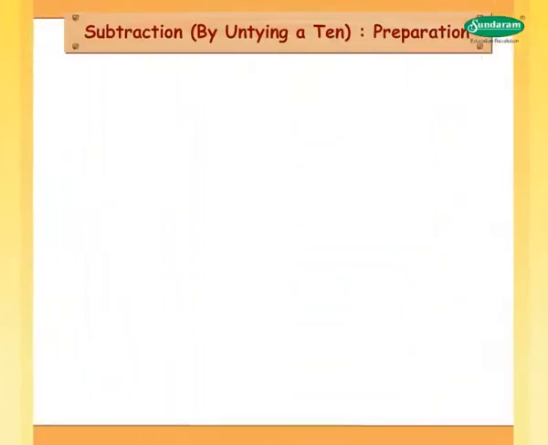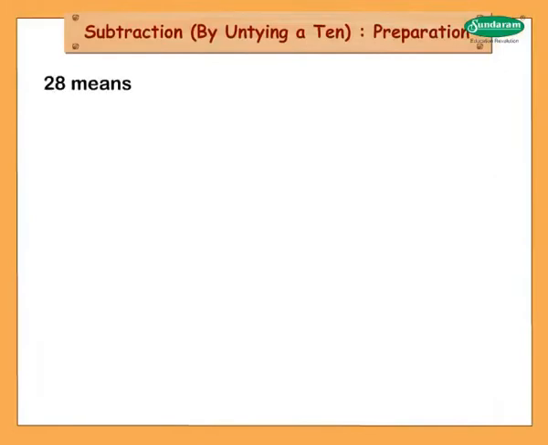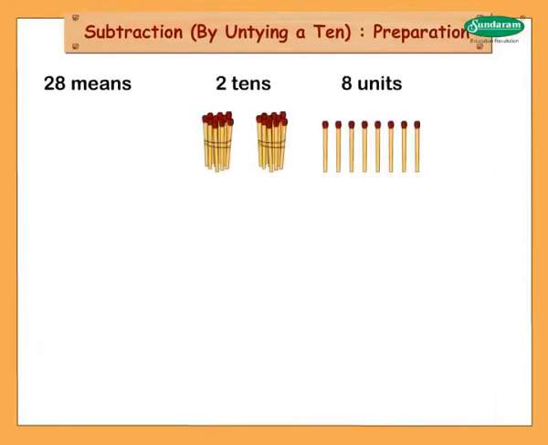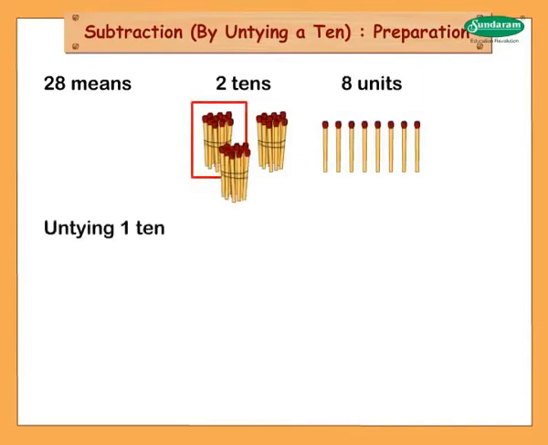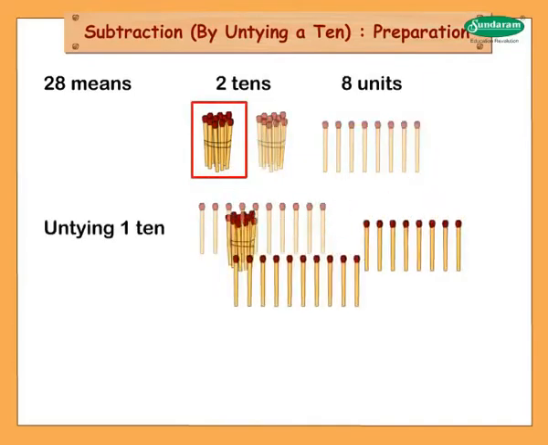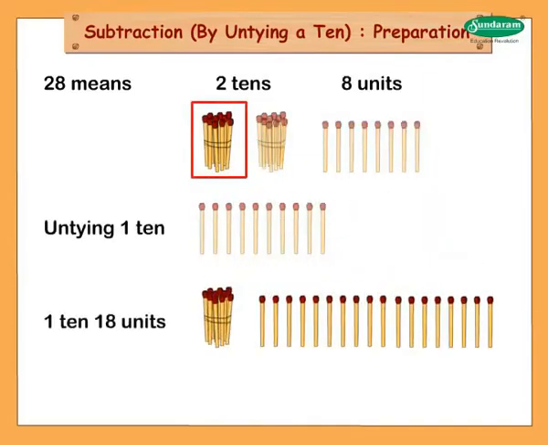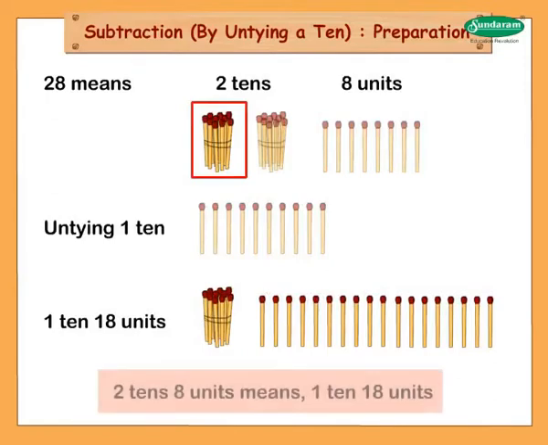Subtraction by untying a 10. Preparation. 28 means 2 tens, 8 units. Untying 1 ten, we get 1 ten and 18 units. Therefore, 2 tens, 8 units means 1 ten, 18 units.